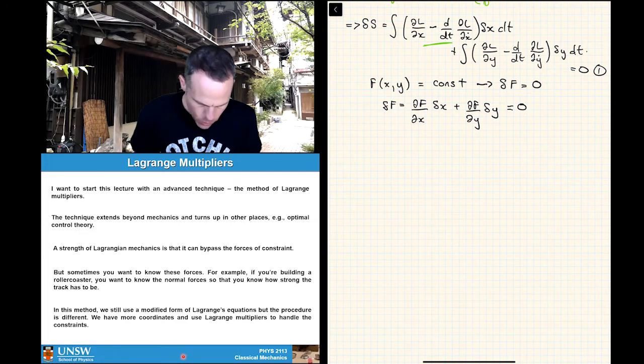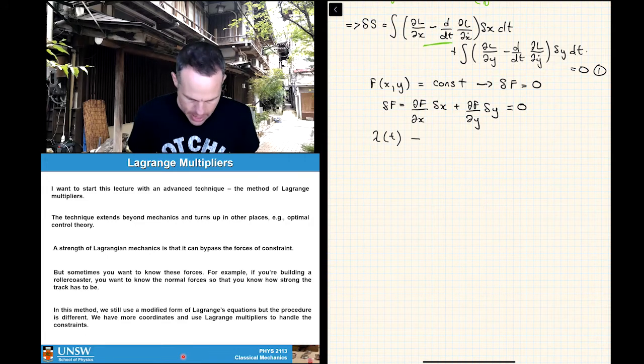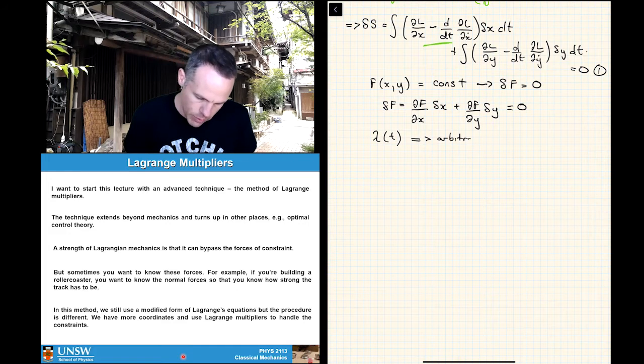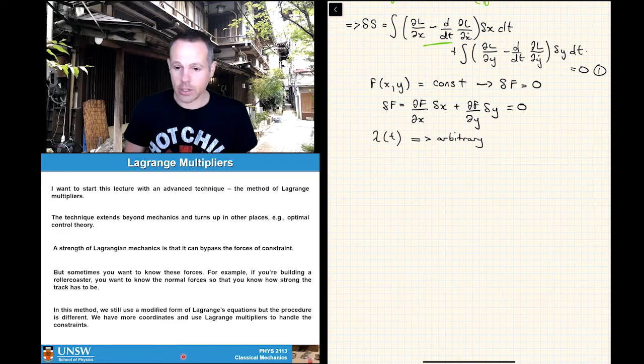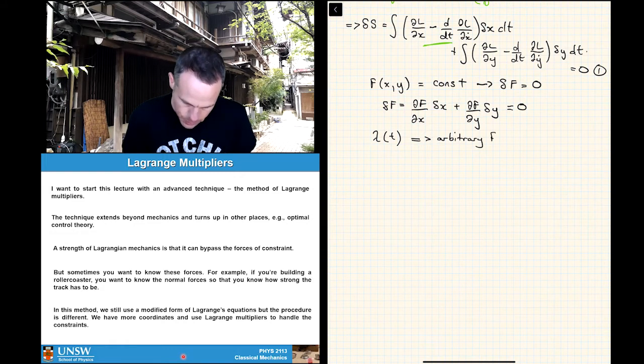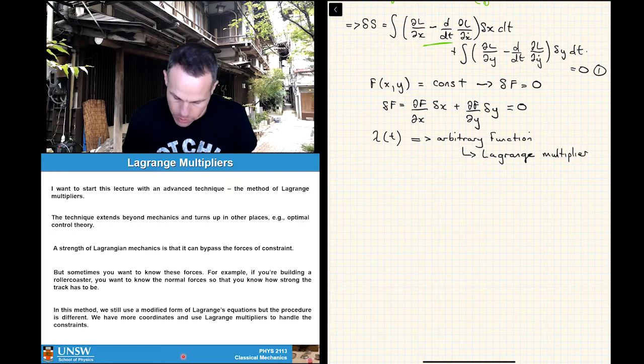And so what we have here is a function that we call lambda of t, and for the moment it's arbitrary, it can be anything we like. Later on it'll actually turn out to be connected to our constraint force. And we call this thing a Lagrange multiplier.